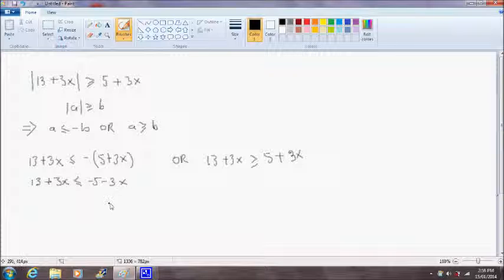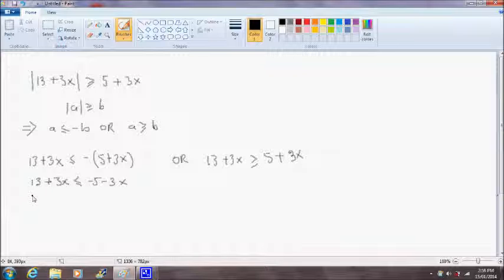And now what I'm going to do is to get all of the x's on the left hand side and all the numbers on the right hand side. So I'm going to subtract first both sides of the inequation by 3x. I'm not going to subtract, I'm actually going to add, sorry.